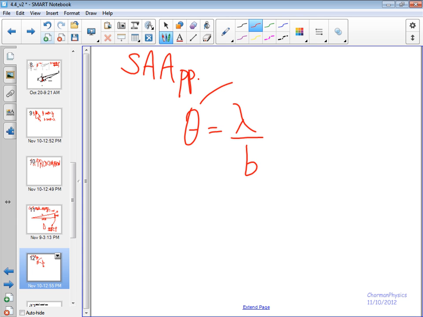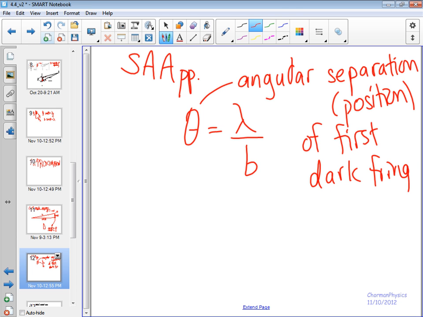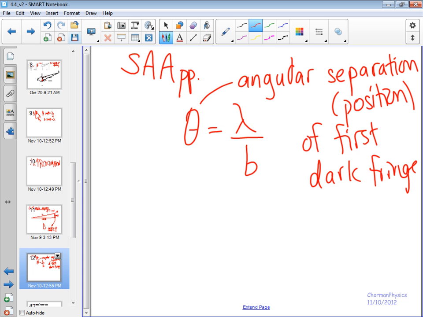So this tells us the angular separation or position of the first dark fringe. Okay, so there we go. That is your derivation.